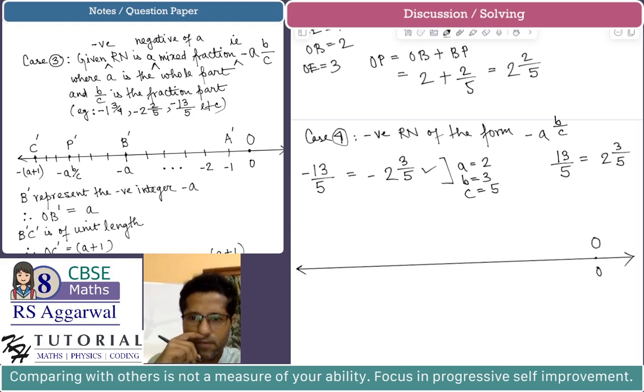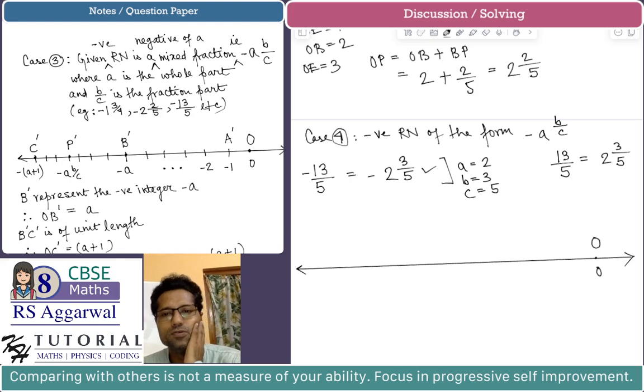If the mixed fraction is of the form a and b by c, then in this case, for 2 and 3 by 5, a will be 2, the whole part, and the fraction will be 3 by 5. The fraction is b by c, so b is 3 and c is 5. The values of a, b and c will be required to do the drawing.